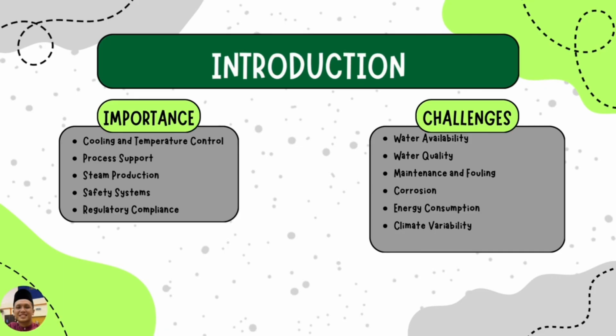Energy consumption: water treatment and distribution requires significant energy, which adds to operational costs. And the last one is climate variability. Extreme weather conditions like droughts can affect the availability and quality of water.